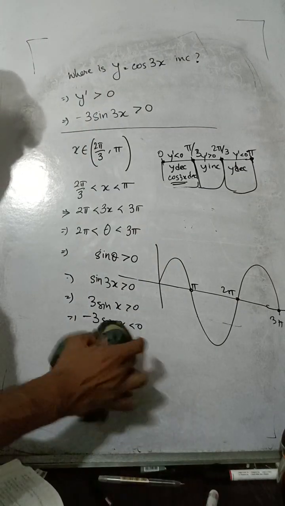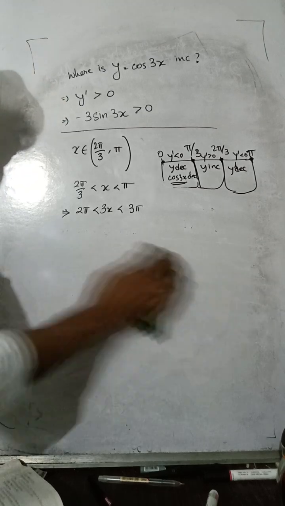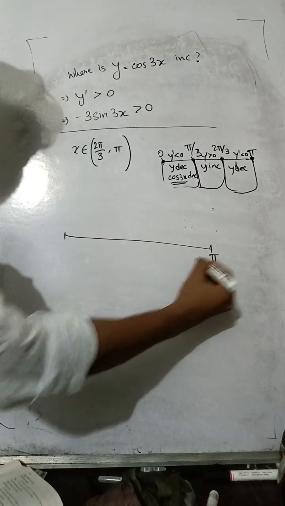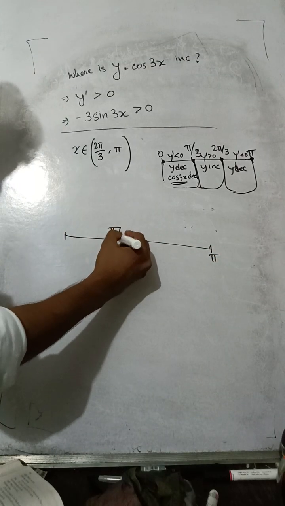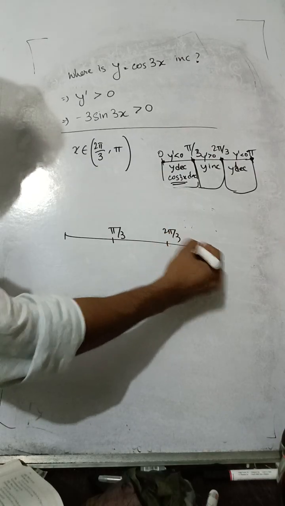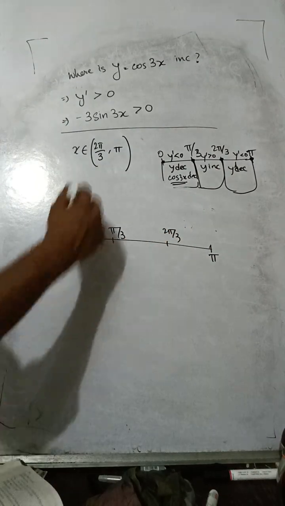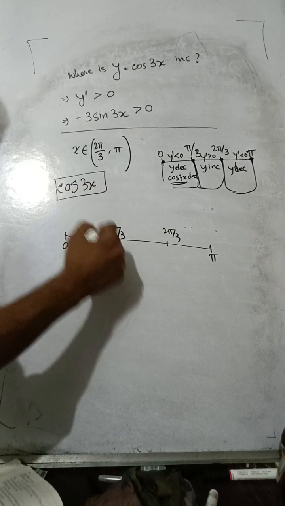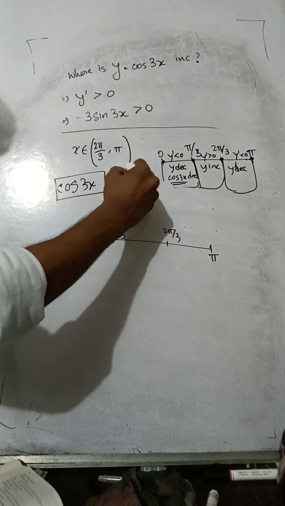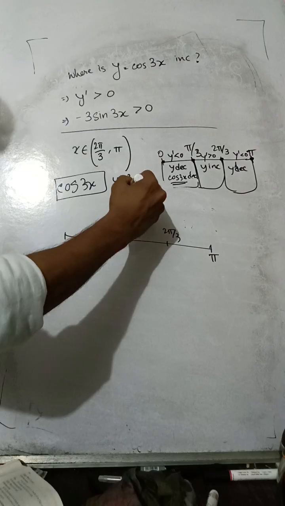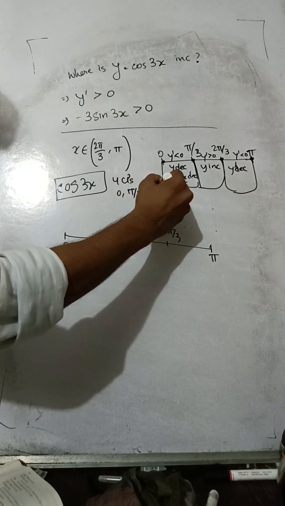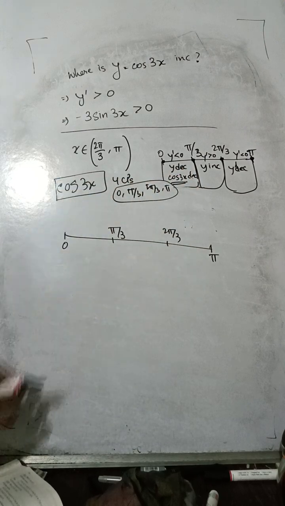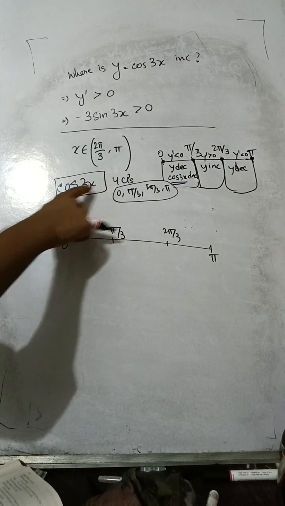So what do we have finally? In this region from 0 to pi we had 4 critical points: 0, pi by 3, 2 pi by 3 and pi. Okay, wait a minute. These 4 critical points are not of cosine 3x.